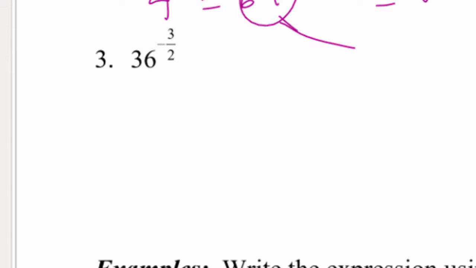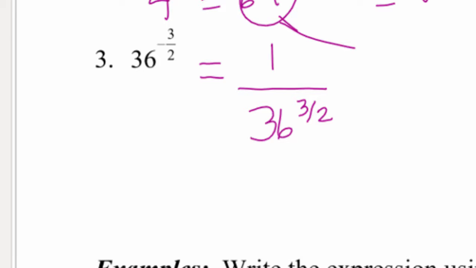Number 3. Now this time there's a little negative sign there. So 36 to the negative 3/2. From our exponent rules, we know that a negative exponent means reciprocal. So I'm going to write 1 over 36, keep the base, and just change that 3/2 to positive.